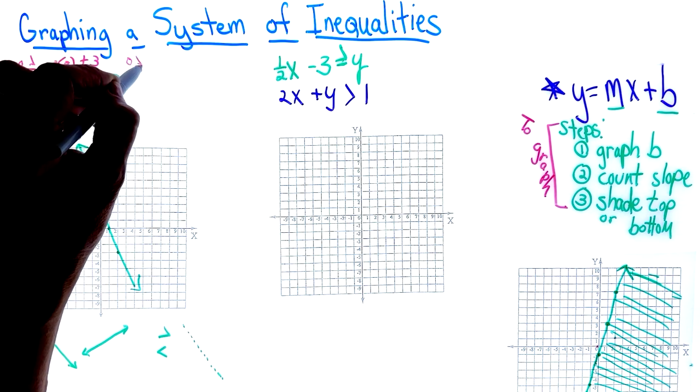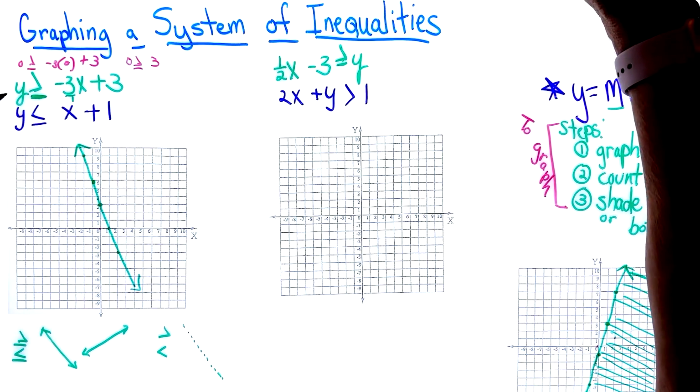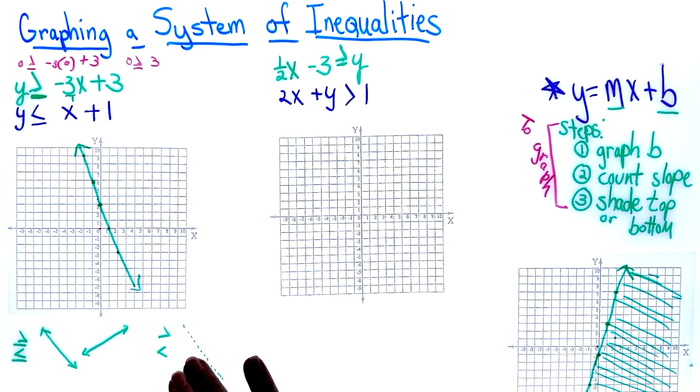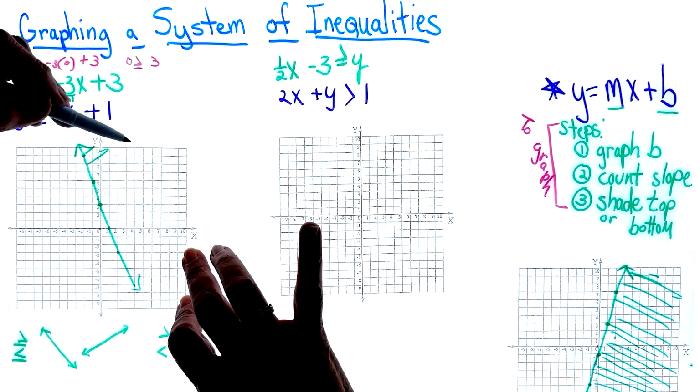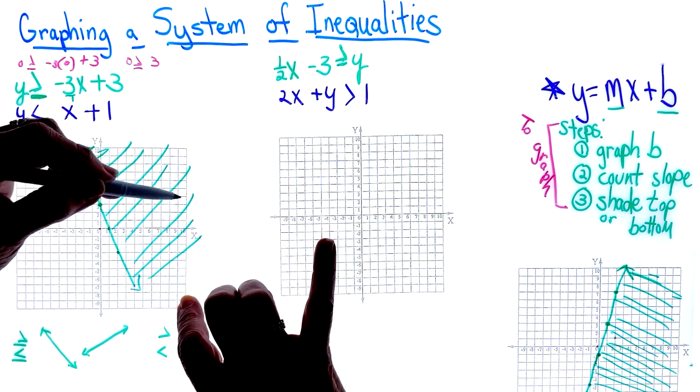The answer, of course, is no. So when you get a no, you can check another point, like I've shown you with our other problems, or you know that you're not shading where that 0, 0 is. That's false. So for this first inequality, I am going to shade the top part of the line.